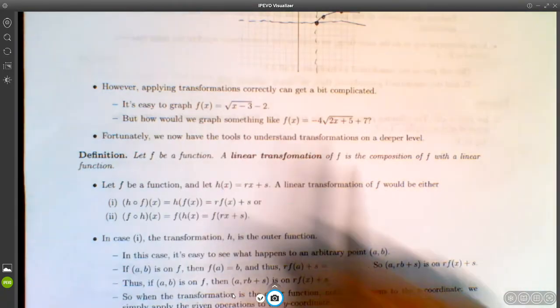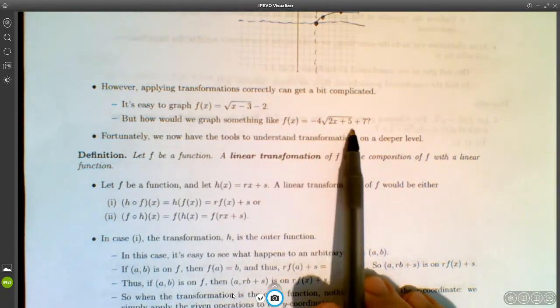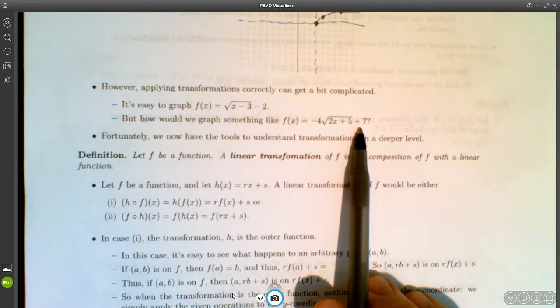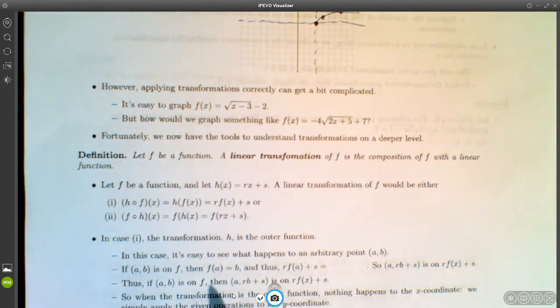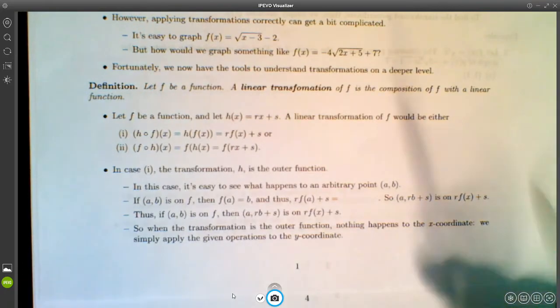So that's easy enough. But what if we had something more complicated like this? This would be a beast to try to graph. So we're going to look at these things in a little bit more detail so that we can handle these kinds of situations. So here's how transformations work.